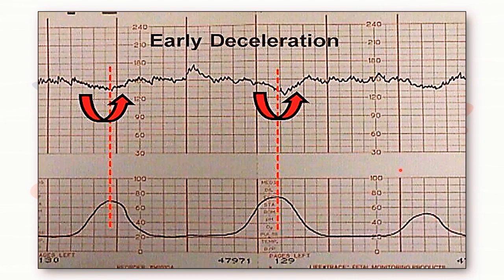The uterine contraction will perfectly coincide with the fetal deceleration in case of early deceleration. This is the classical feature of early deceleration, that the uterine contraction and fetal deceleration will happen simultaneously at the same time. Next one is the late deceleration.